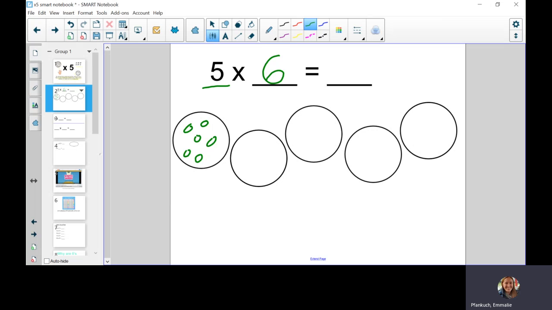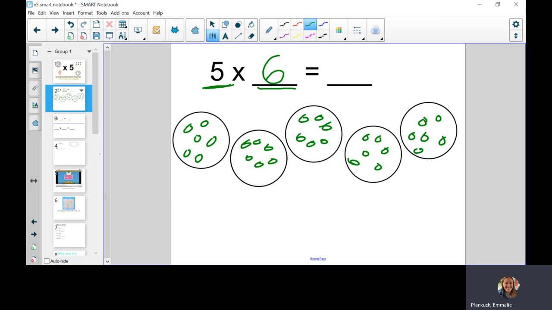But in each of my circles, I'm going to draw 6 dots. So in this problem, I'm saying that I have 5 groups, and in each group, there are 6 dots.